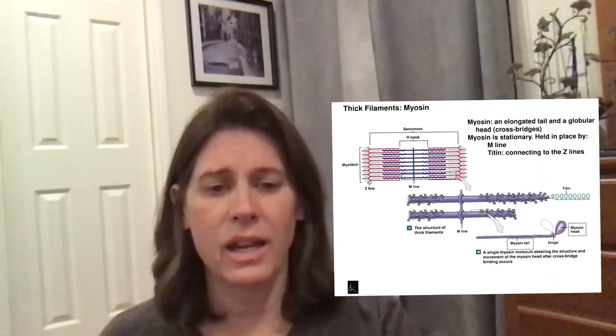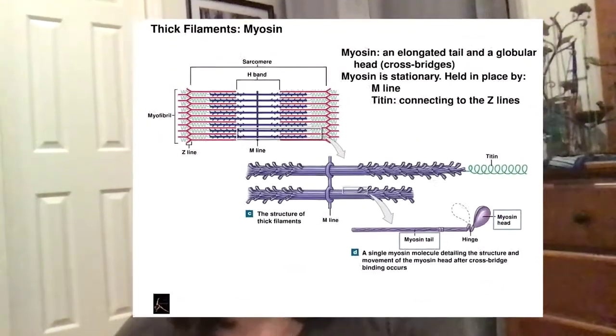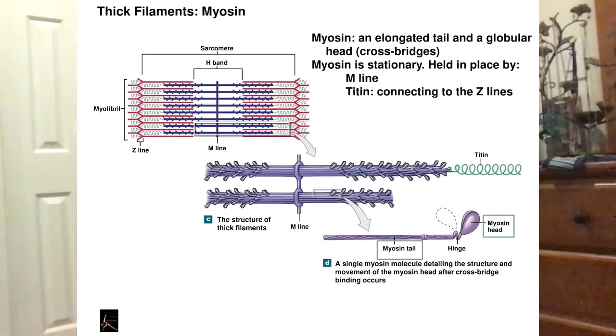Now let's look at the thick filaments. The thick filaments are simply myosin, but it's bundles of myosin. A single myosin, you can see toward the bottom there, indicated by D. It looks like a club. Myosin is a long protein. It has a tail. Okay, and then there's a hinge that allows the head at the other end to swivel or pivot.